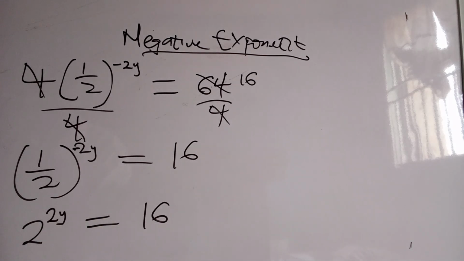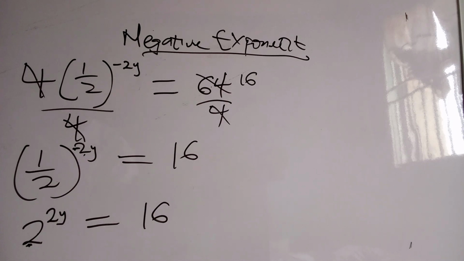If we follow our law of exponent, this will give us this also. 2 raised to power 2y equals 16. So what can we do for us to have equal base?